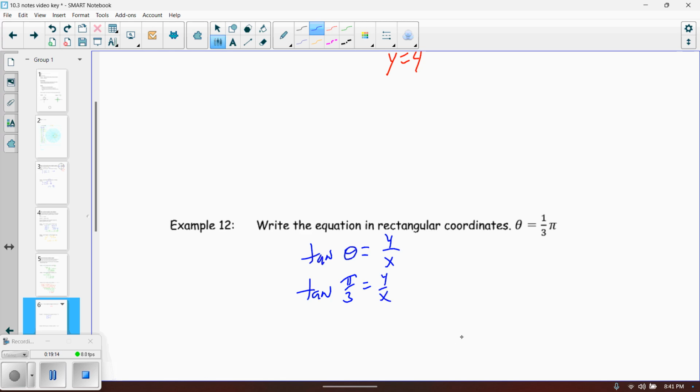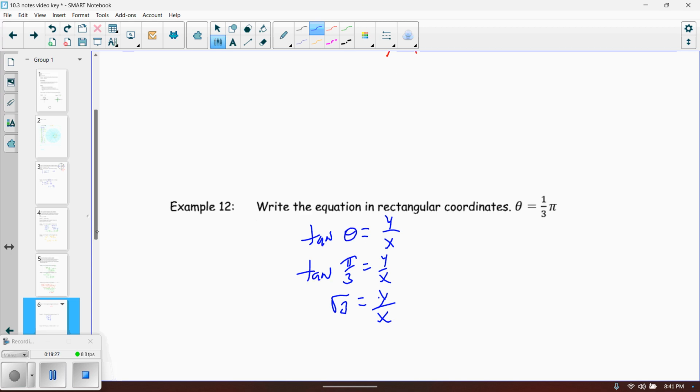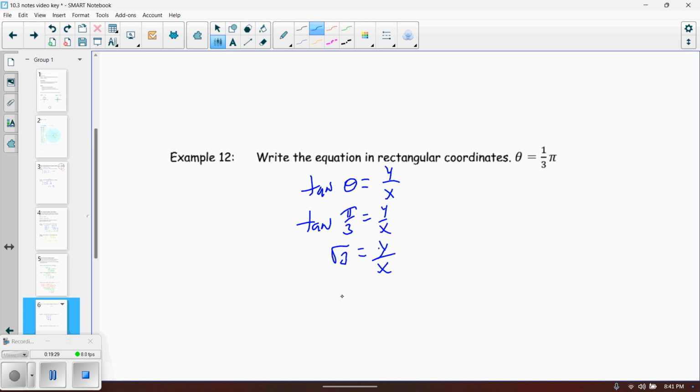Tangent of pi thirds is a number. It's just a value. Tangent of pi thirds is √3. So now all I've got is √3 equals y over x. That is now in rectangular form. Multiplying both sides by x, you get that y equals x times √3, or √3 times x.